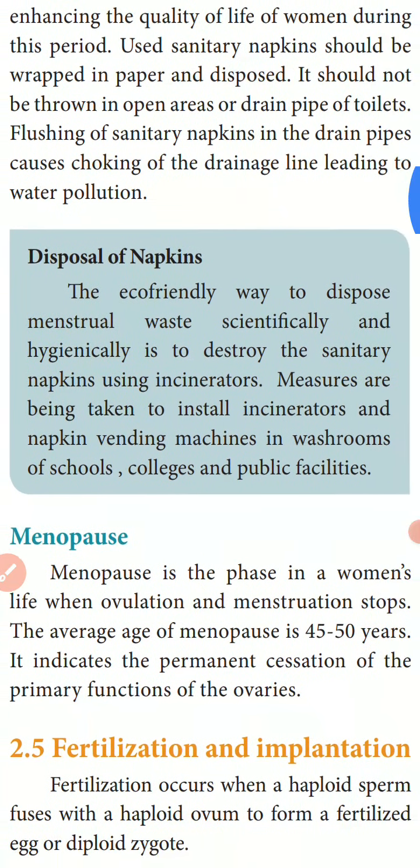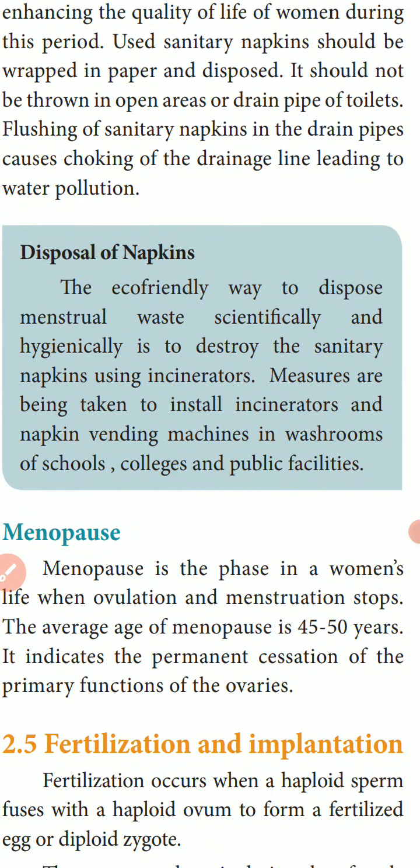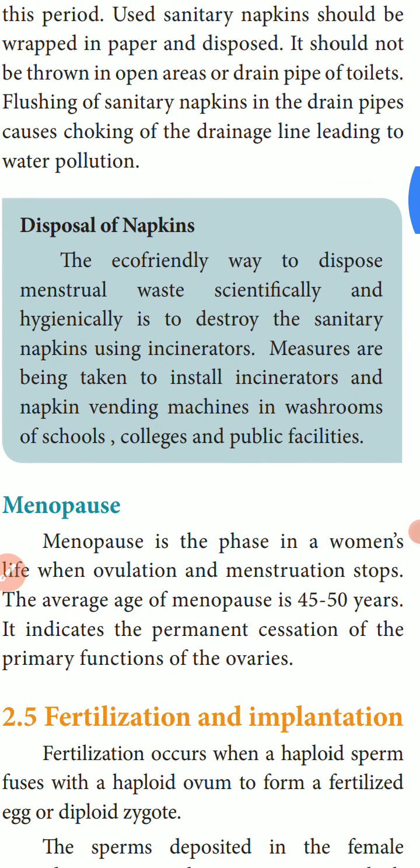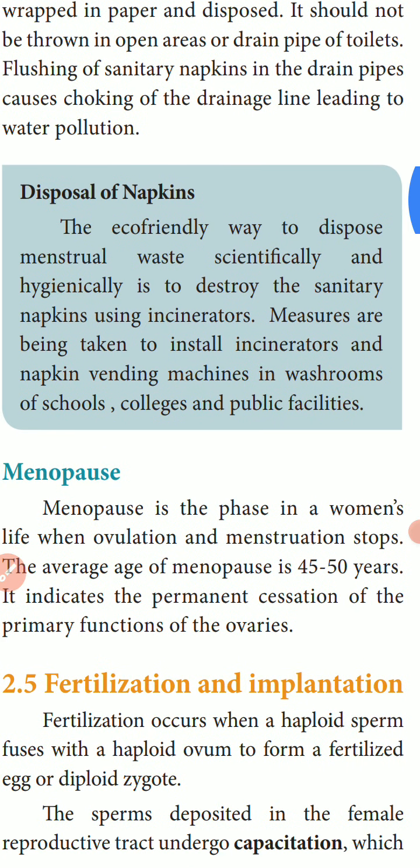Then disposal of napkins. The eco-friendly way to dispose of menstrual waste scientifically and hygienically is to destroy sanitary napkins using incinerators. What is an incinerator?